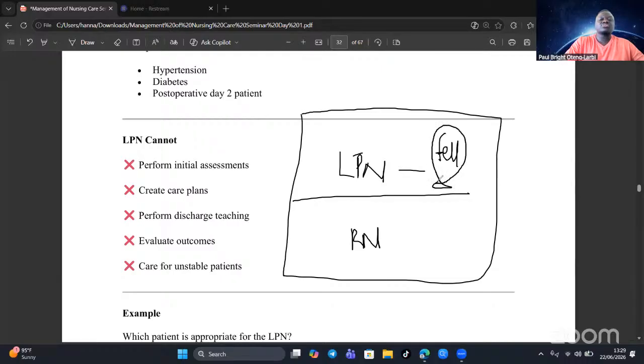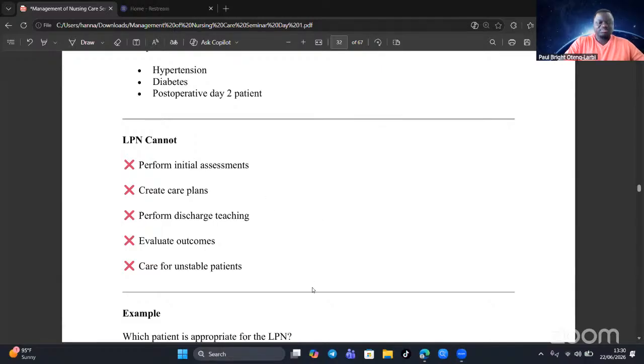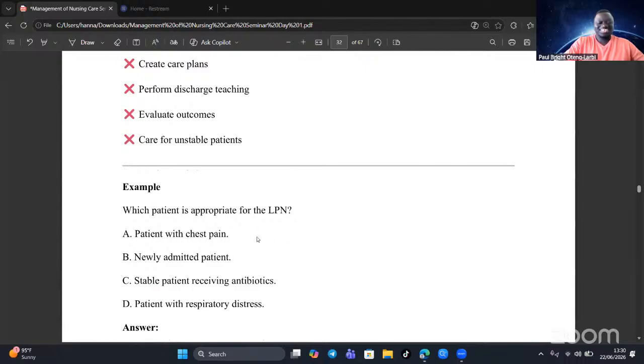Patient is unstable. No, sir. The LPN should call the nurse to come and assess this patient and manage. But in care homes, we see otherwise. Most care homes. So the question is, which patient is appropriate for the LPN? Answer this one. Sharp. Let's move.